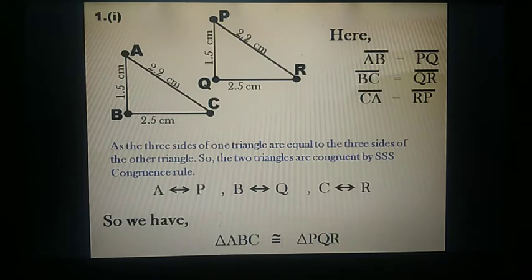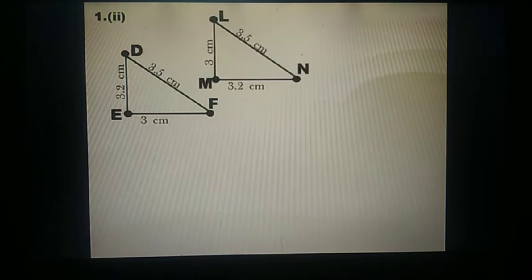Moving to the second set given to you, DEF and LMN. Again we have to check the three sides. Here we can see that EF and LM are the same. DE and MN are the same. DF and LN are the same.